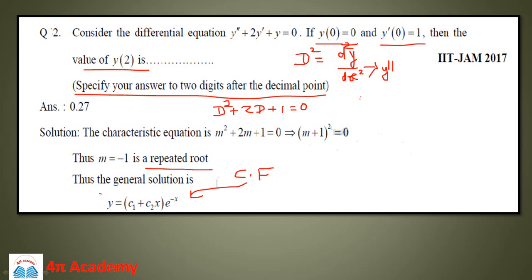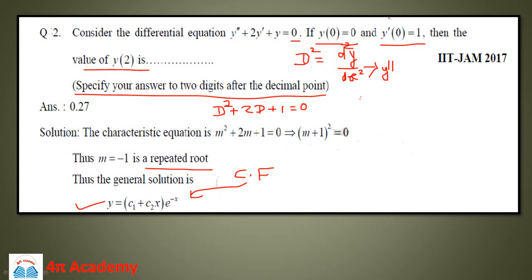So this is my complementary function. Since the term on the RHS is 0, the complete solution will be only this. There is no particular integral, since on the right hand side the term is 0.